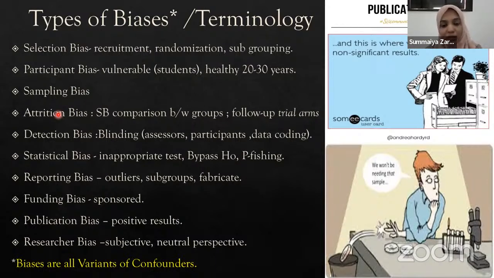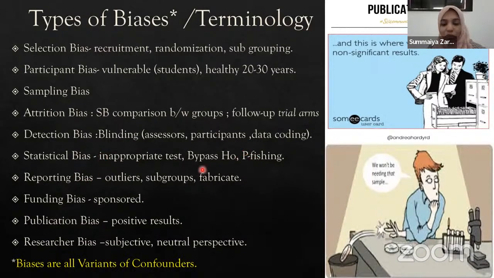Why do you need blinding? Because if I know, as a physiotherapist, that intervention A is going to have a better effect than intervention B, I might get biased and think, arey haan, yeh toh itna hi aayega. So this statement itself is so biased. This can be prevented when you have blinding. So I will do A, you do B.